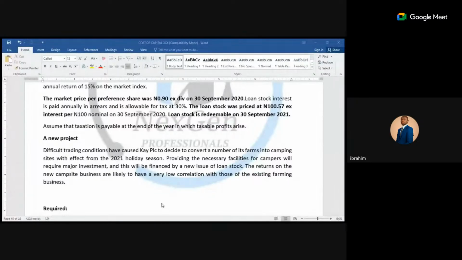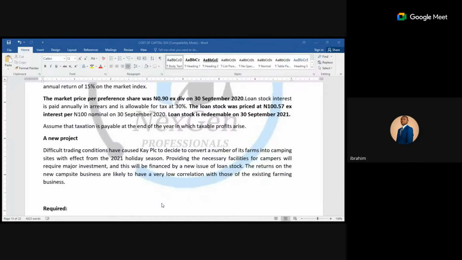It could be that they borrow more funds to finance a project. If they borrow more funds, the level of gearing will change. It could be that the cost of that loan itself may increase the level of gearing.